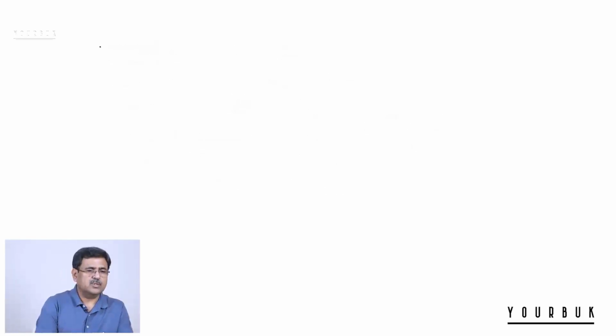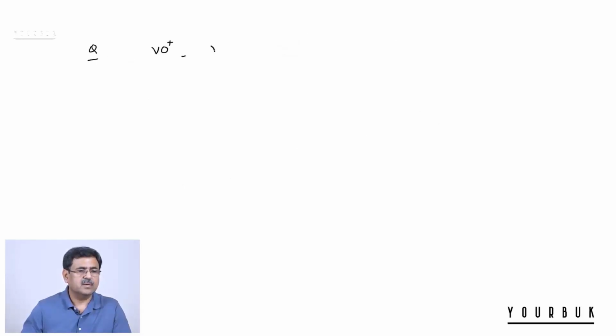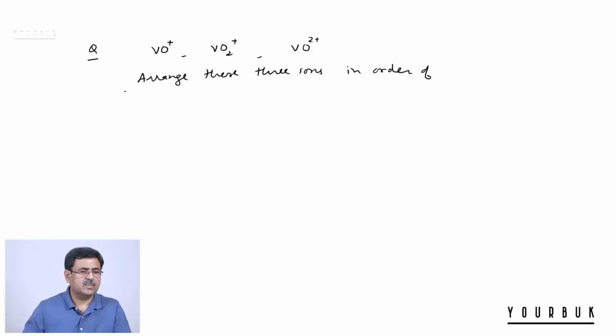Now we can take one more question. Now suppose you are given these oxo ions VO+, VO2+, and VO2+. And the question is, arrange these 3 ions in order of increasing magnetic moment.